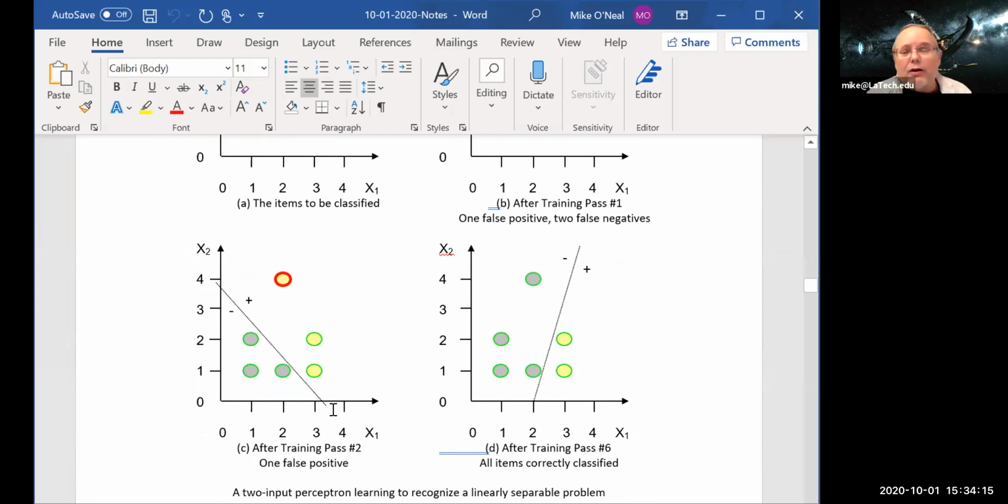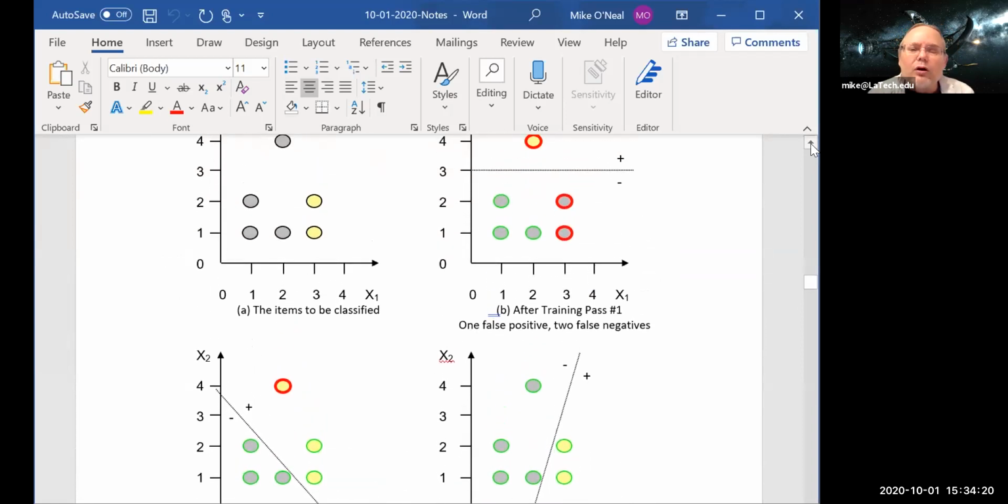And you see, it did better now, right? Because remember, before it had 3 things that were wrong. It was misclassifying 3 things: 1 false positive and 2 false negatives.